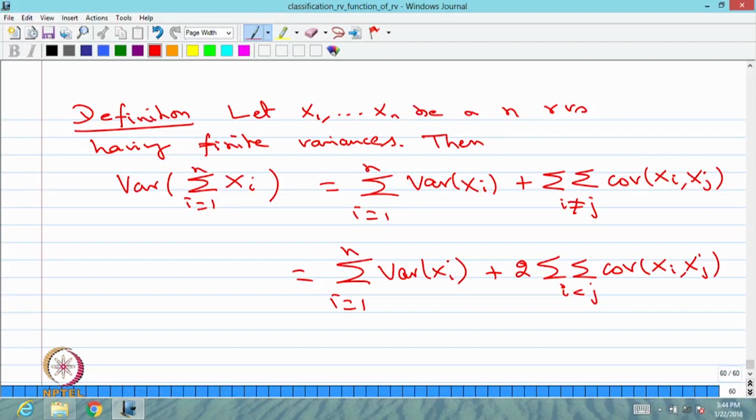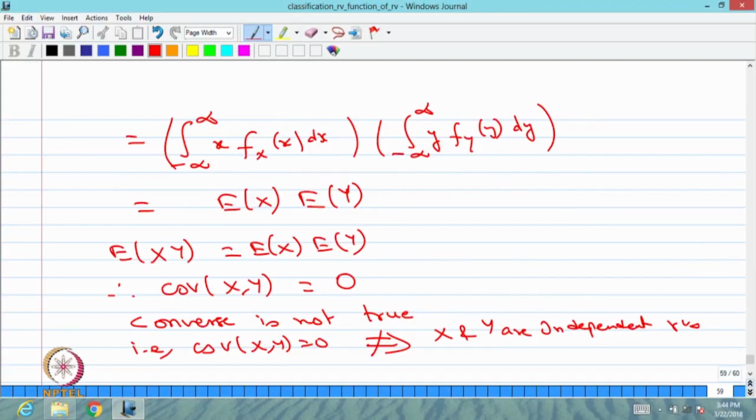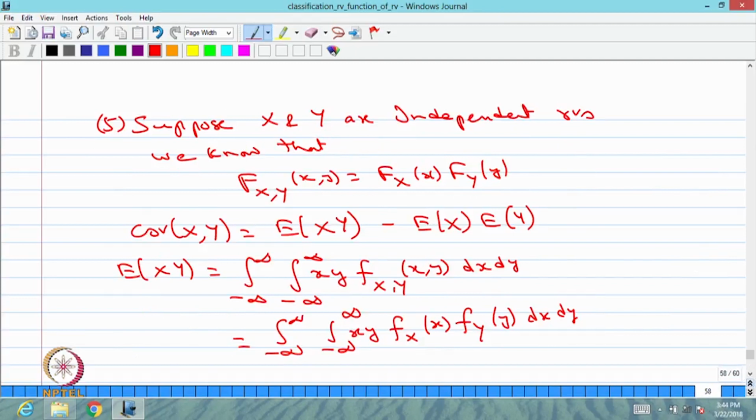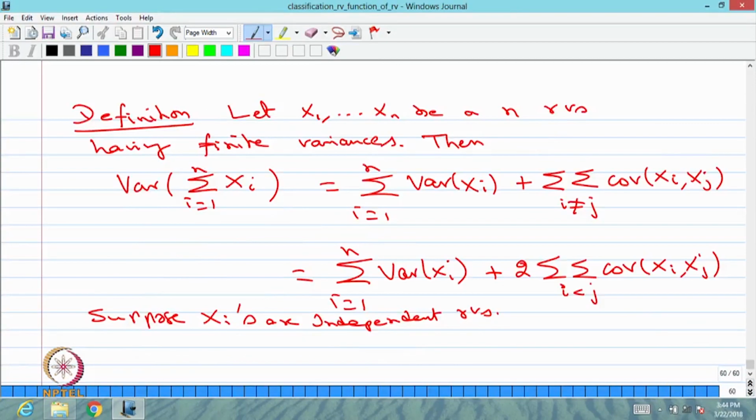Here also we can go for one special case. Suppose the Xi's are independent random variables. When I say independent, that means they are mutually independent random variables. In that case, we can use the previous result, result number 5: when any two random variables are independent, the covariance is 0.